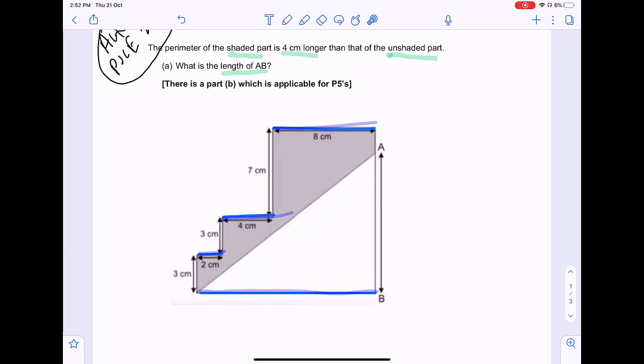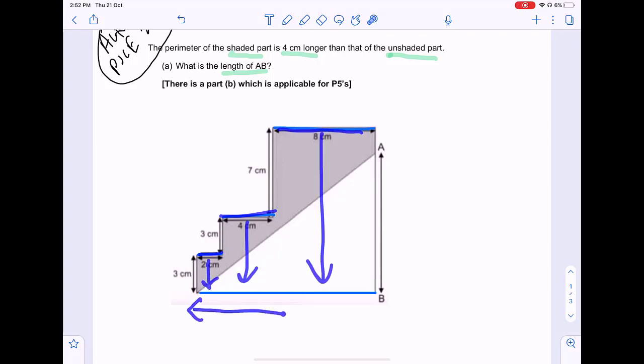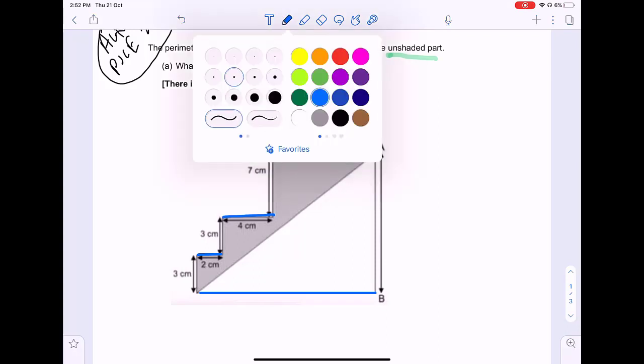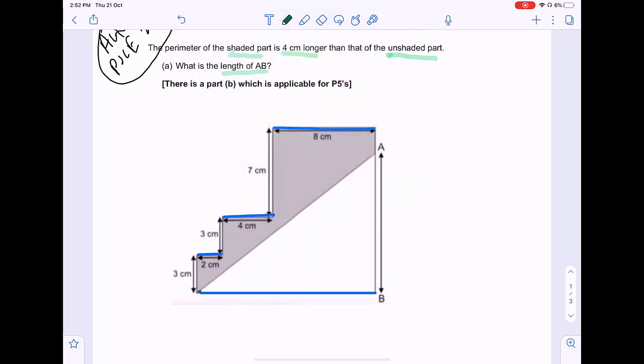It's the same value. Why is it the same? If you're not sure why, try and pull down this length and you will realize that they all form the same blue line here. So the blue parts are the same for both the unshaded and the shaded portions. Now, another part that is the same is this diagonal line here.